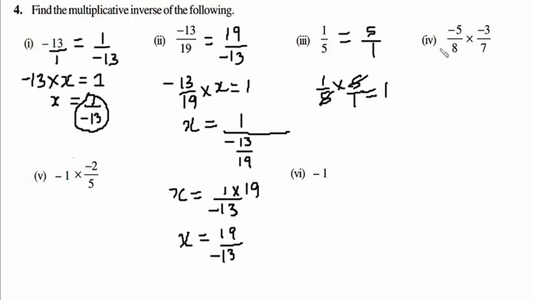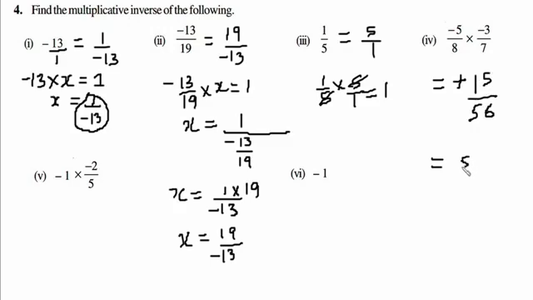Fourth part, first of all we will solve it. We cannot cancel because we cannot see any cancellation opportunity. So first we will multiply it. Negative negative becomes obviously positive, minus minus is positive. When we multiply it, 5 3s are 15 and 8 7s are 56. Now we are in a position to find its reciprocal or multiplicative inverse. Simply flip it.